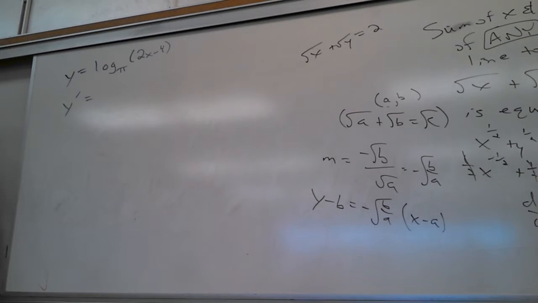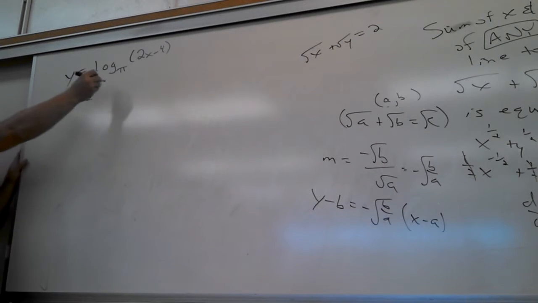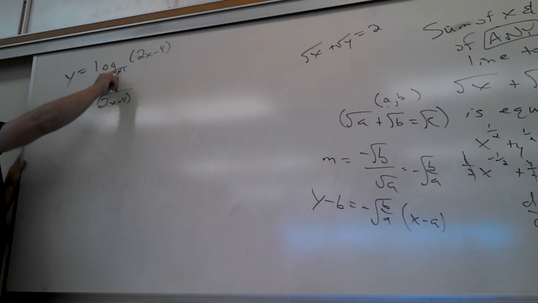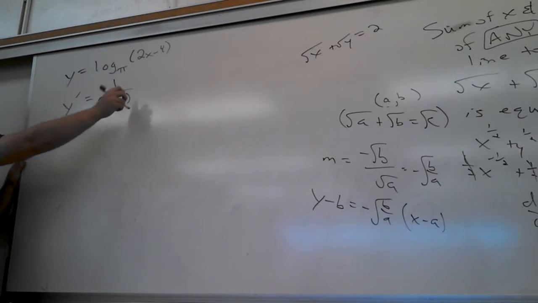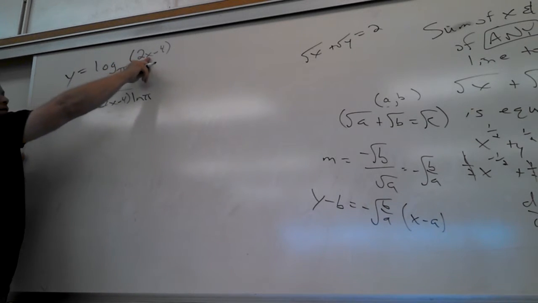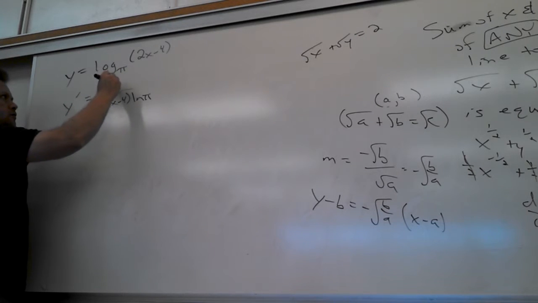It would be 1 over. Good. The derivative of any log starts off as 1 over the argument. 2x minus 4. But it's not natural log, so ln of the base. I like it. Times 2. Yeah, good. Times the derivative of the inside, so there's a 2 there.